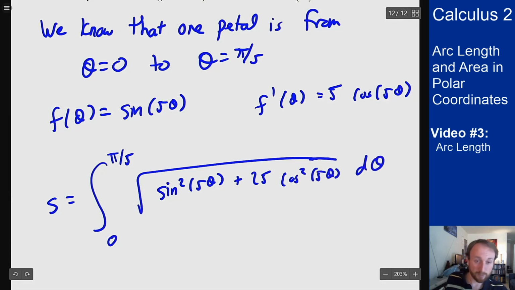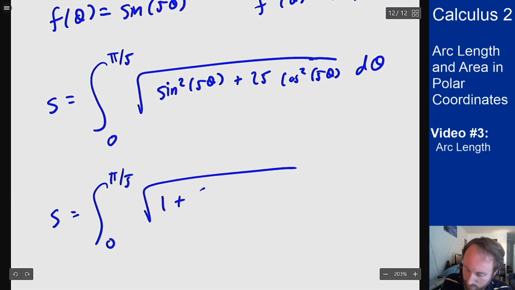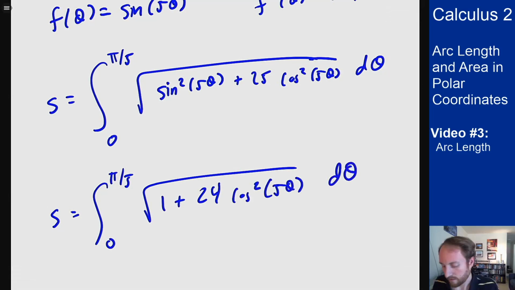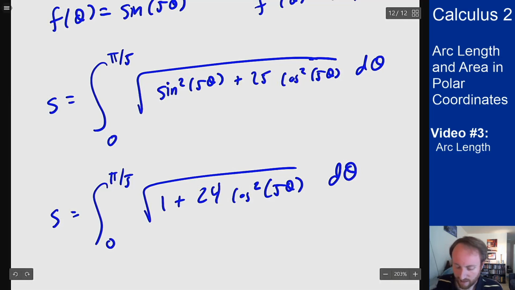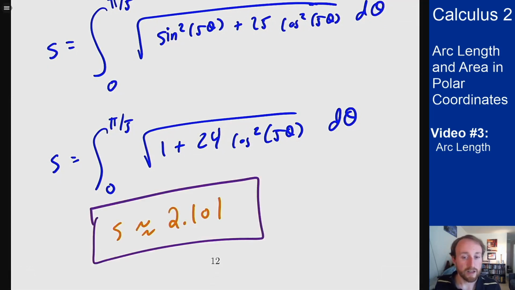You can simplify this a little bit by pairing the sine squared with one of the cosine squareds to add to 1 to give you the integral from 0 to pi over 5, square root of 1 plus 24 cosine squared of 5 theta. And there's no way really to work this one out by hand. We're stuck at this point. We can use numerical approximation to get this arc length. And if we do that, we get that this s is approximately equal to 2.101. That's how we do arc length using polar coordinates.